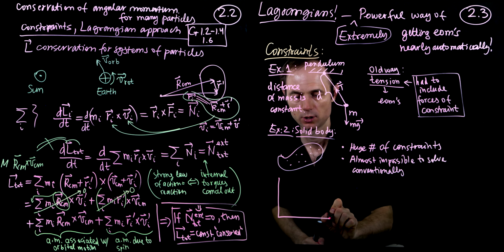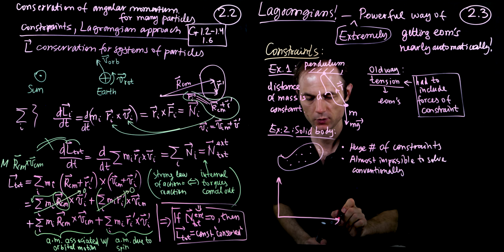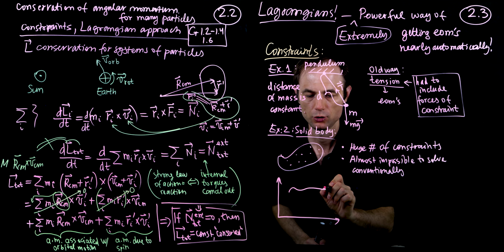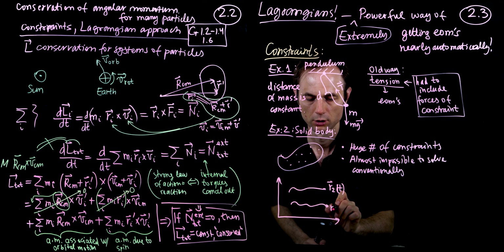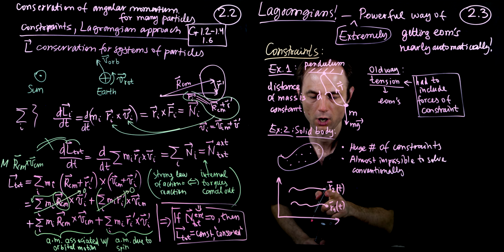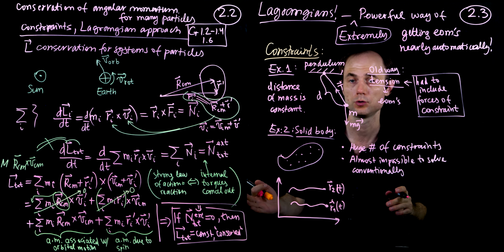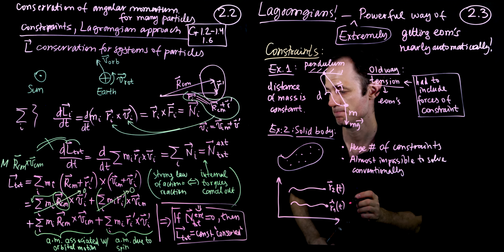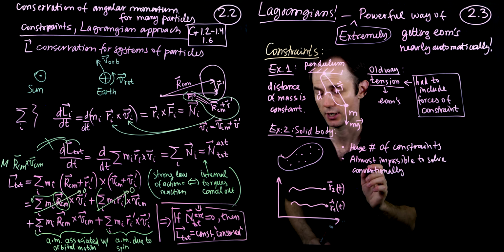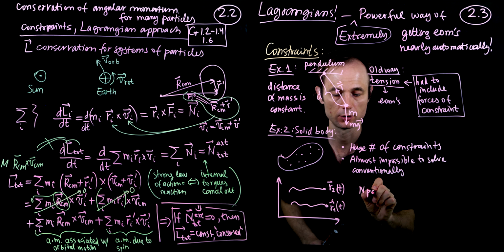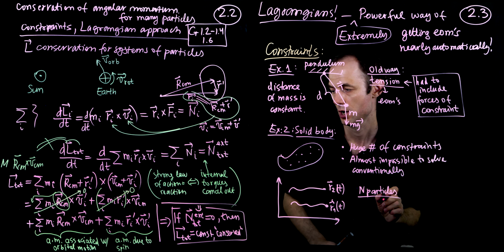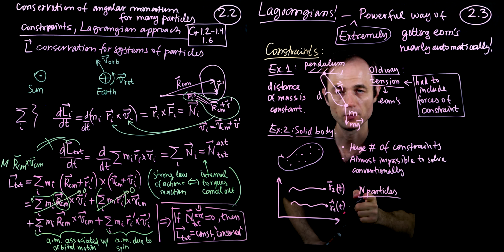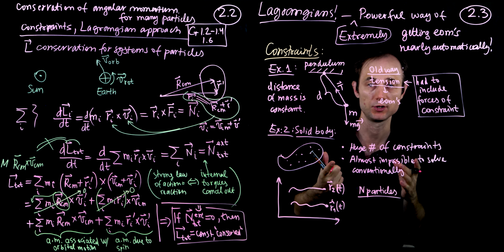So suppose that we have two particles, R1 and R2, that are evolving in time, and we can generalize this to n particles. Every particle will have 3 degrees of freedom.